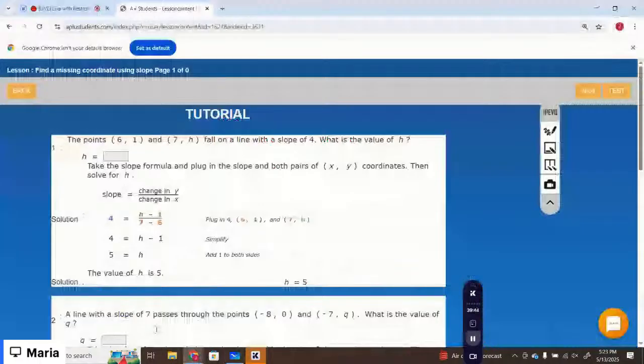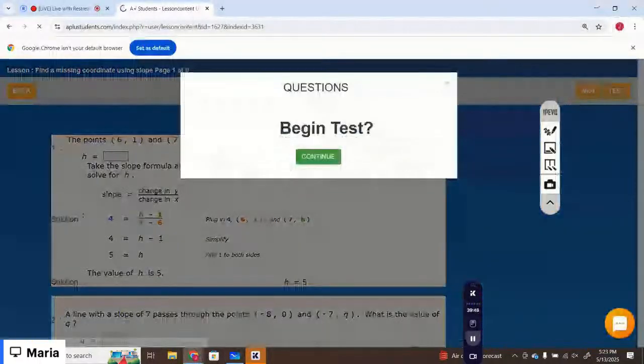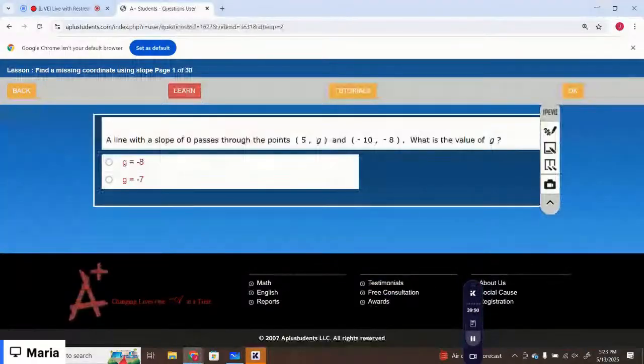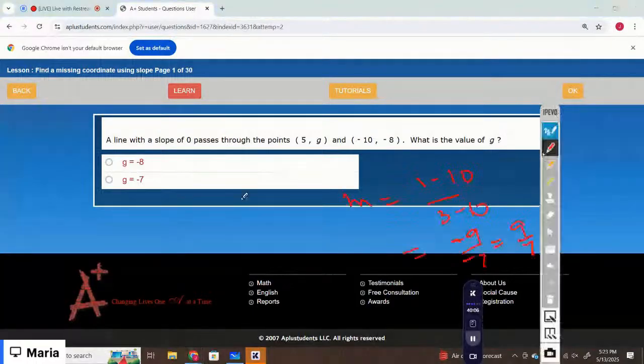Okay, let's just start with the test questions. A line with a slope of 0 passes through the points 5, g and negative 10, negative 8. What is the value of g? So you are given the slope is 0, right? And the points are 5, g and negative 10, negative 8. So m equals negative 8 minus g divided by negative 10 minus 5.